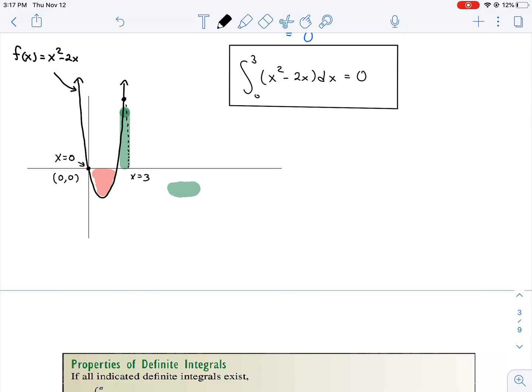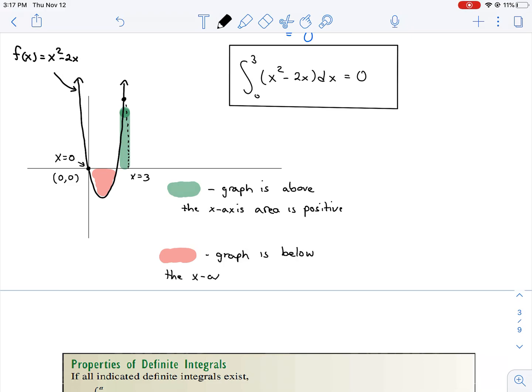So in green, the graph is above the x-axis, which means the area is positive. In red, the graph is below the x-axis. The area is negative.